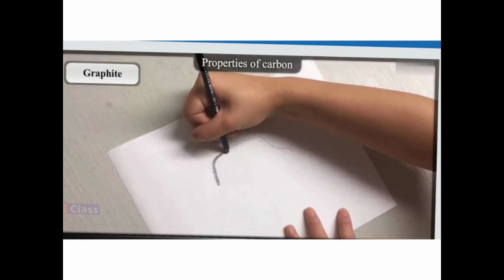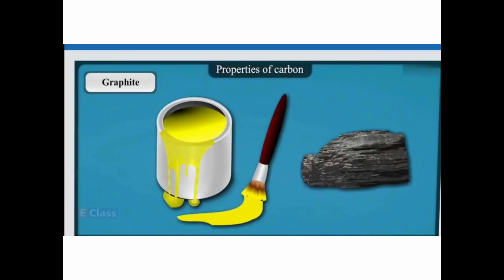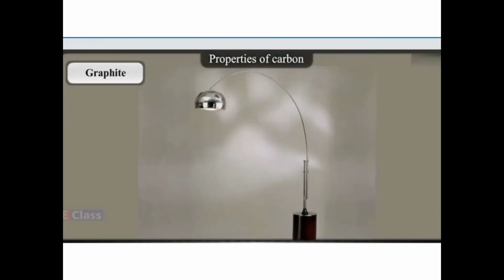And the last thing, graphite is used in lamps which give a very bright light. Clear this much?